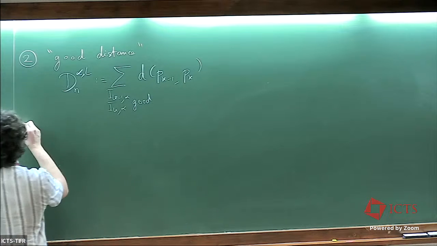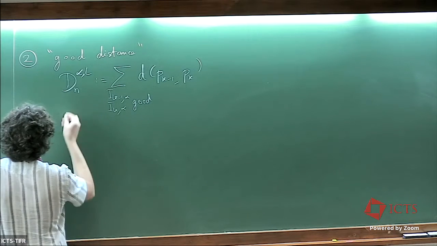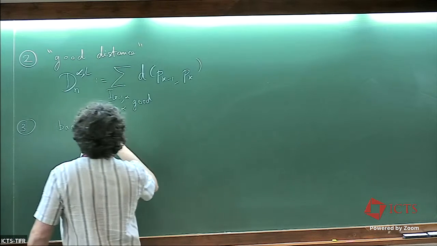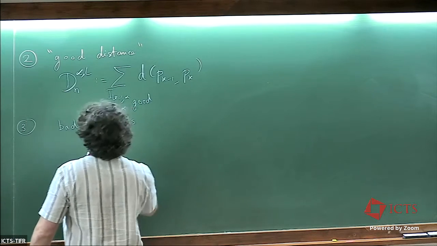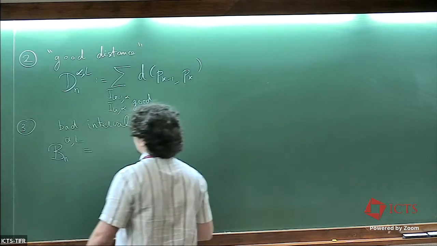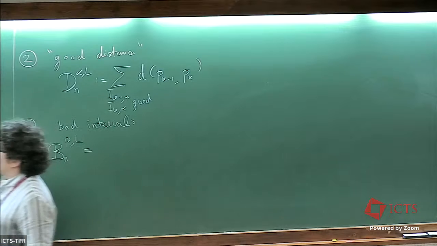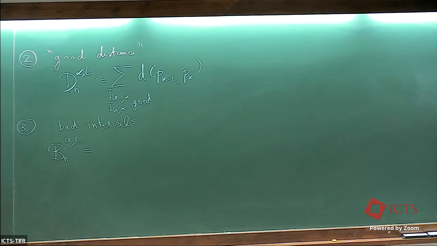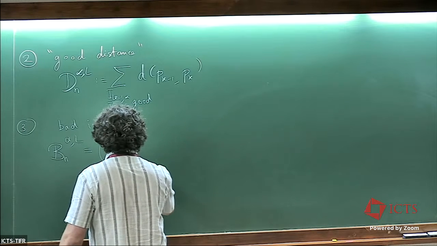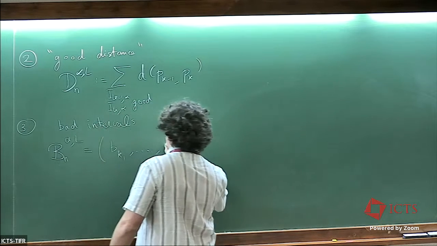Okay, and the third thing is to encode the bad intervals. And in this case, we record everything in the bad intervals. We record all the increments in the bad intervals. So we have what I call B, K1, ..., BKS.